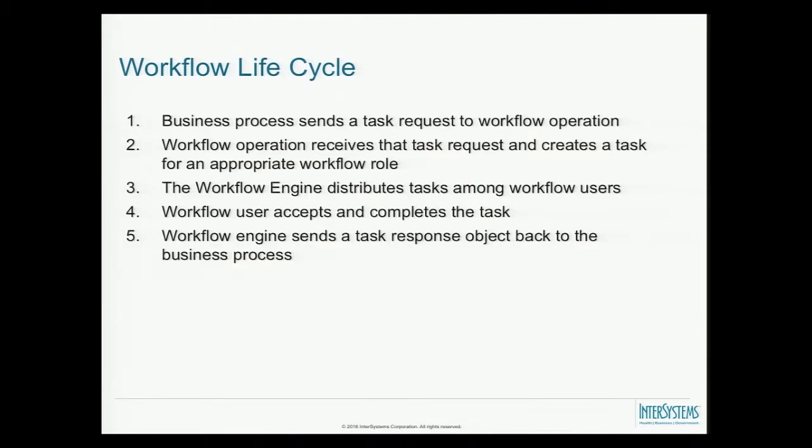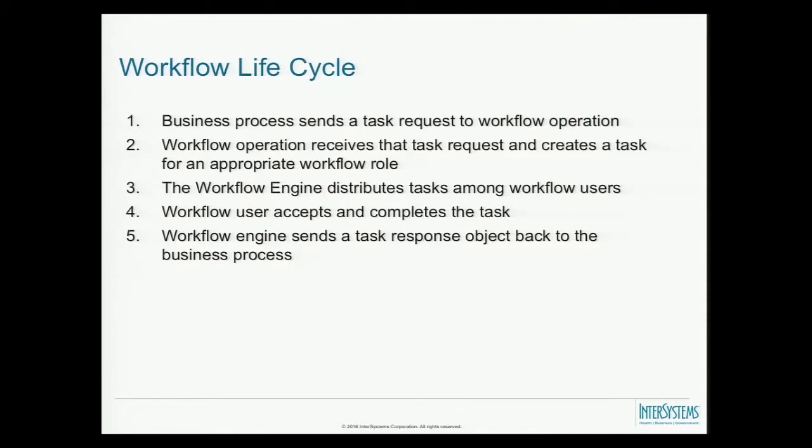A business process will send a task request to a workflow operation. The workflow operation then implements the workflow engine. It will create a task for an appropriate workflow role, which is the name of the business operation. Then the workflow engine will distribute the task amongst the workflow users using a number of different strategies, which I'm going to describe in a couple of minutes.